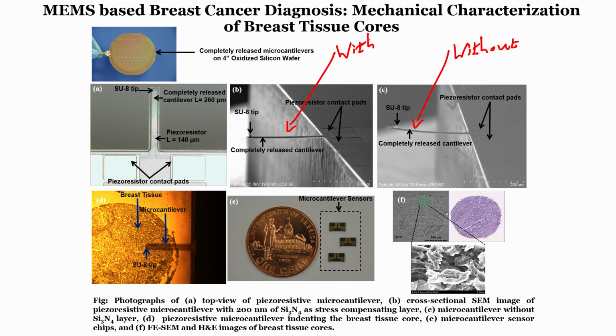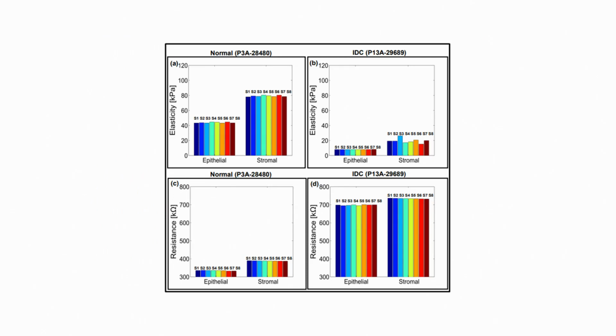Okay. So, if I use this piezoresistive cantilever to indent the tissue, what will I find? I will find the elasticity of the tissue, and you see the elasticity parameter right over here. I do not worry about the resistance now, we will see how we can measure resistance at some later stage of this module.